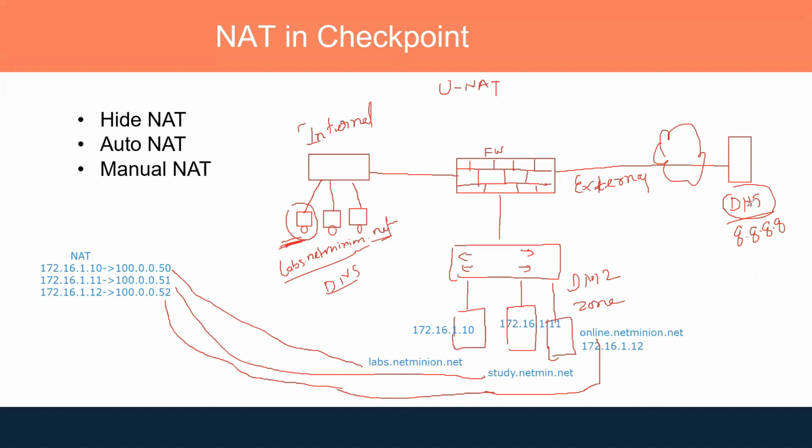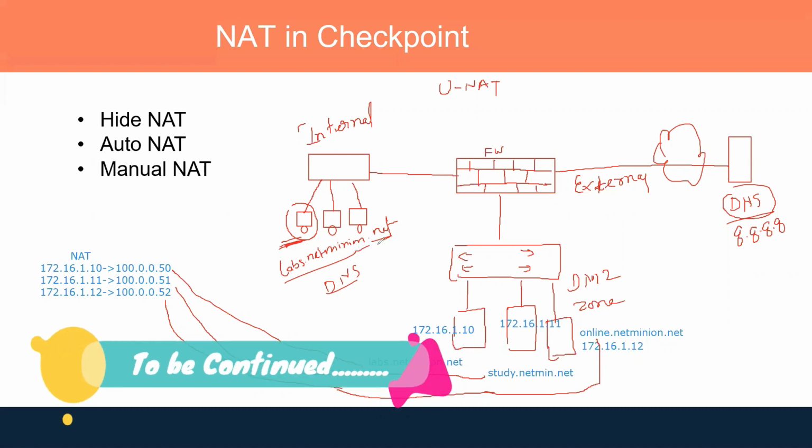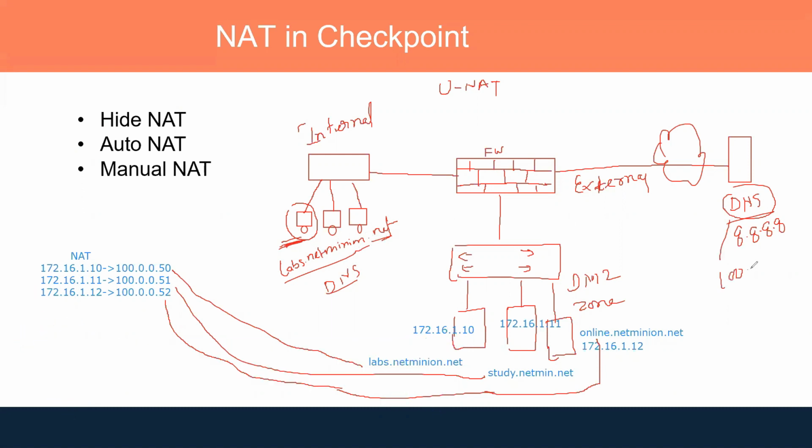This DNS server resolves that for labs.netminion.net, your IP is 100.0.0.50. Now this PC is going to generate the traffic for 100.0.0.50, so it would send the traffic towards the firewall.